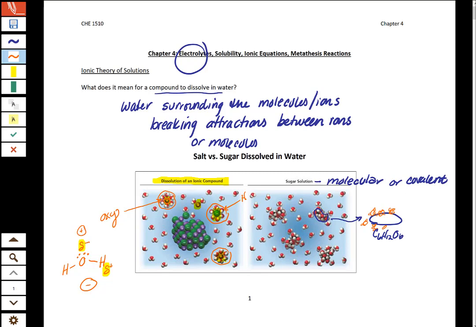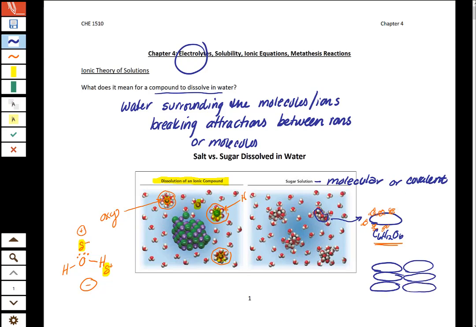And so your sugar doesn't have a charge to start with, right? This is not a charged molecule. Actually, all molecules are not charged. Only ionic compounds contain components that have charges. So originally what happens is the sugar molecules just sit next to one another like this when they're solid.